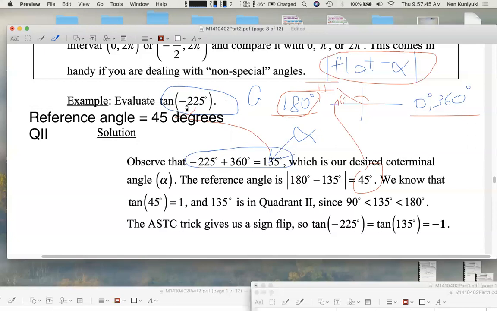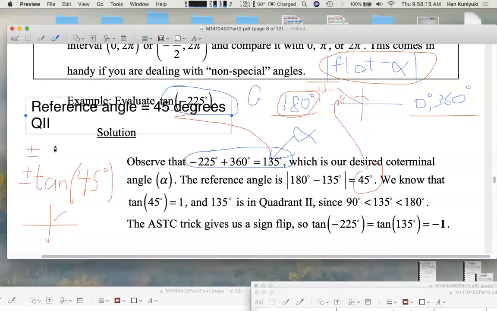Bottom line, this thing here is either going to be plus or minus the tangent of 45 degrees. We're getting down to that reference angle in quadrant 1, a famous acute angle. What is the tangent of 45 degrees? It's 1. Famously, it's 1. So our answer is going to be either plus or minus 1. But which one is it?